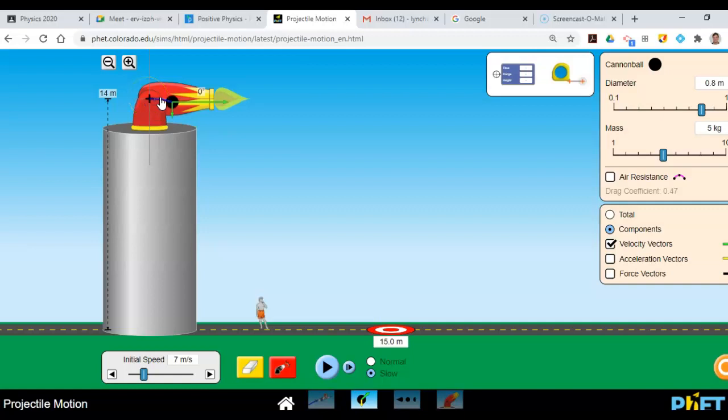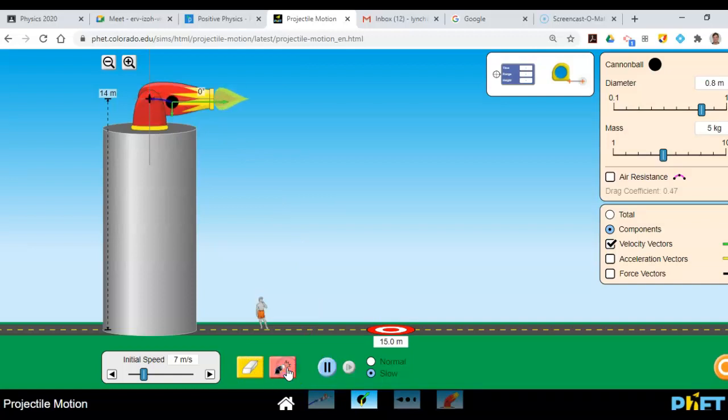And as soon as it comes out of the cannon, it starts to accelerate in the downward direction. So we start to get some downward velocity, and a little while longer, that downward velocity gets larger, and it keeps getting larger because gravity is accelerating it in that direction. But let's look at the horizontal component.